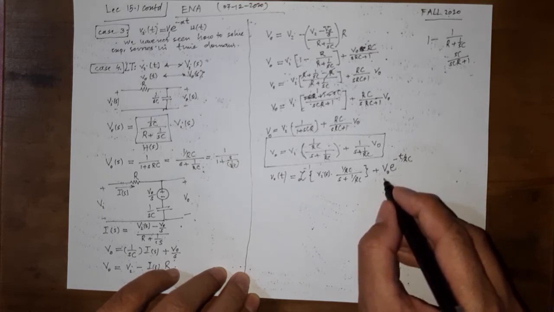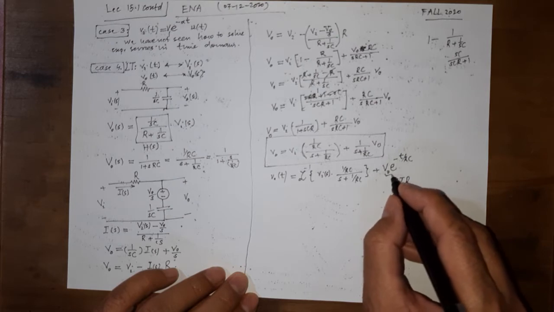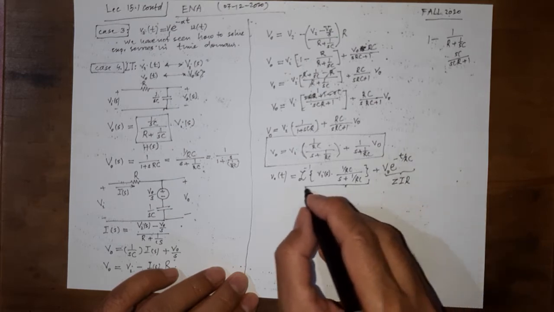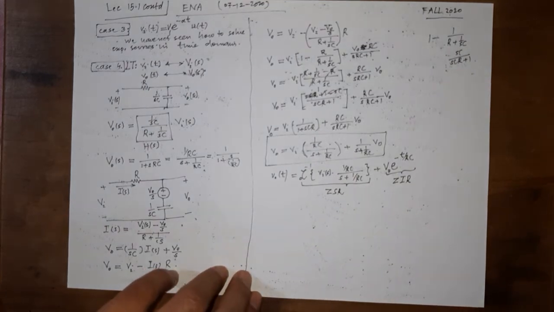And you can see that this is the zero input response part. So this part, the zero state response, can only be found if we know what Vi is.